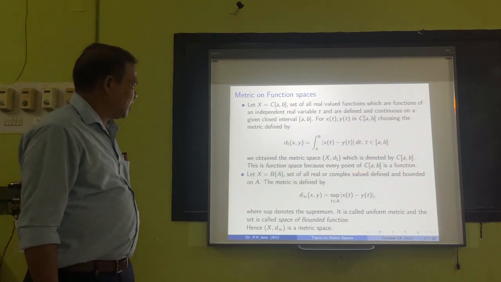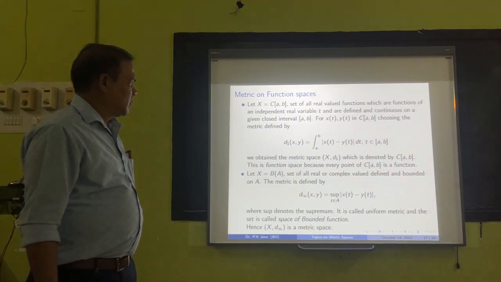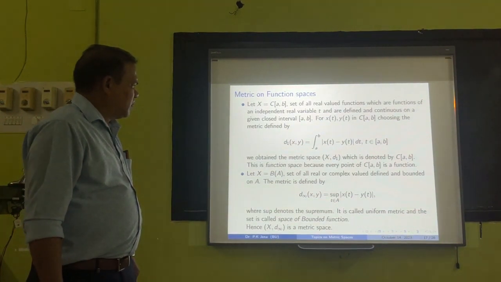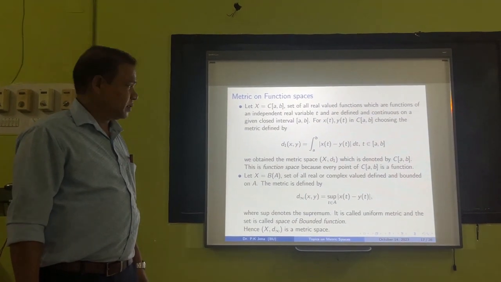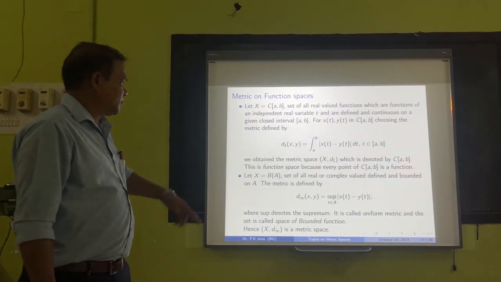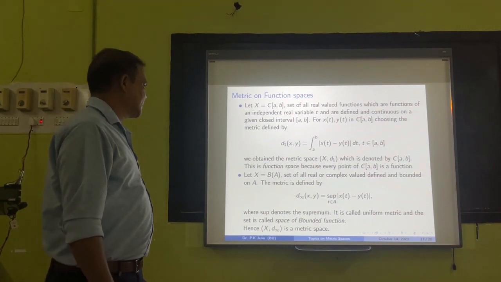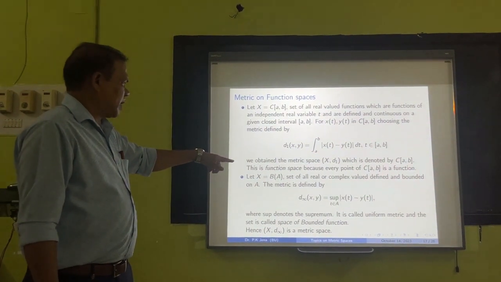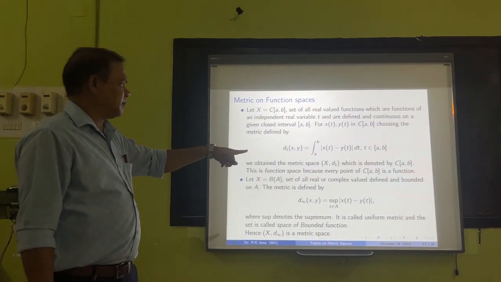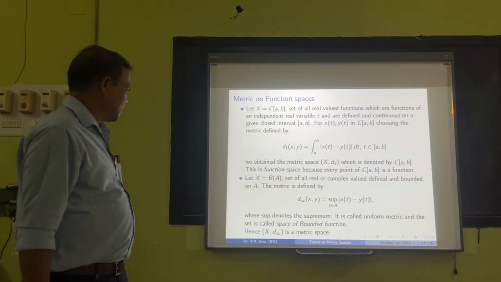Let X be any non-empty set of all real or complex valued functions defined and bounded on A. It is a bounded function. The metric defined on B of A is defined by d infinity of x, y equals the supremum of modulus of x of t minus y of t, where t belongs to A, A being a set.